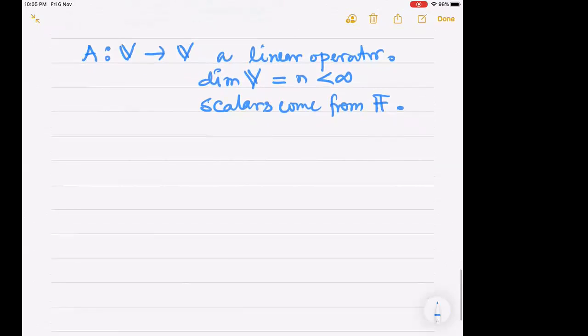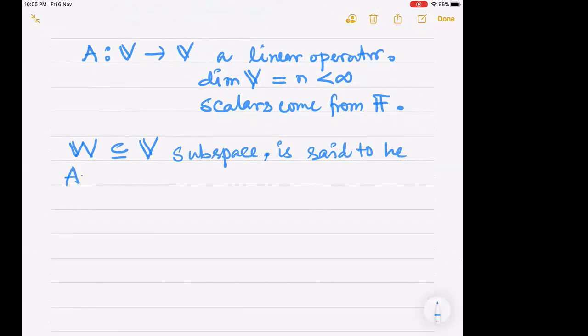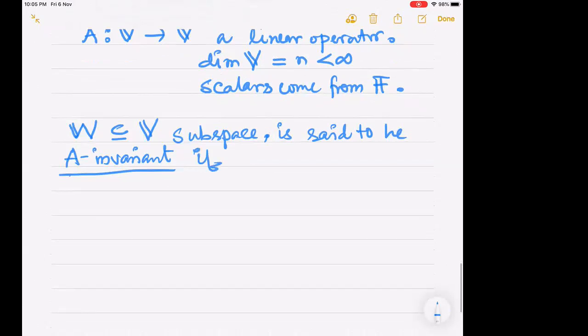Now, let W be a subspace of V. This subspace is said to be A invariant, and you'll see that the name is self-explanatory, if the following happens: for all vectors w in the subspace W, A acting on w is once again a vector in W. Then W is called A invariant.